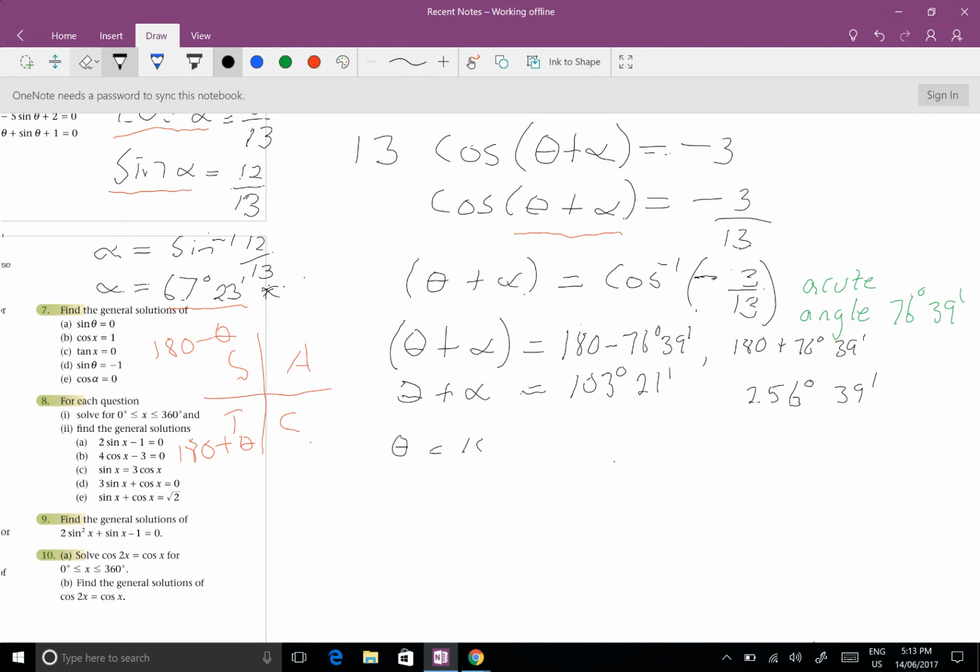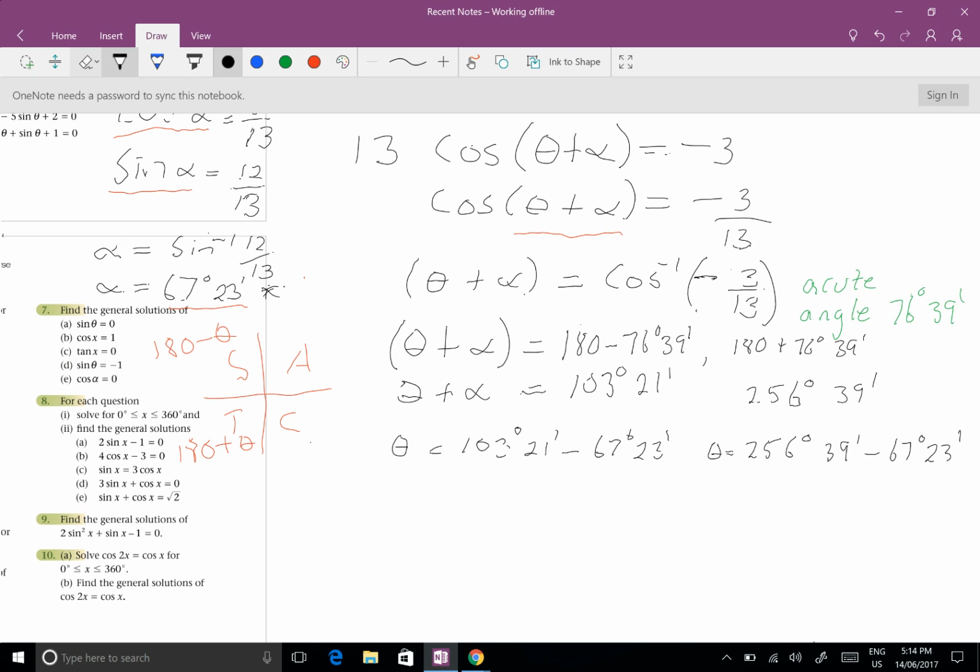So it's 103 degrees and 21 minutes minus the alpha, 67 degrees, 23 minutes. Or theta equals 256 degrees and 39 minutes minus 67 degrees and 23 minutes.